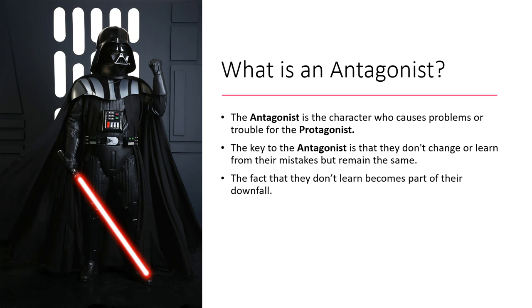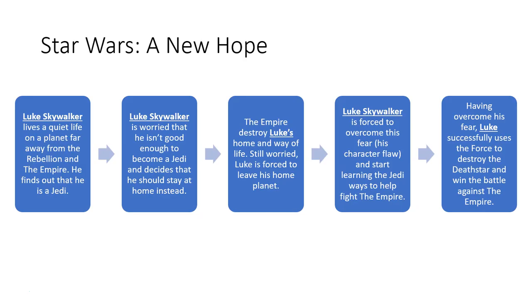The antagonist is the one who's in charge, who's in the lead, who's got the power. And by the end, that power has shifted, and it's the protagonists who have won. And part of the downfall of the antagonist is that they don't learn about that change and they don't change themselves quick enough.